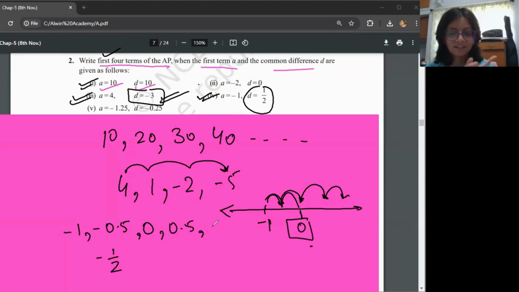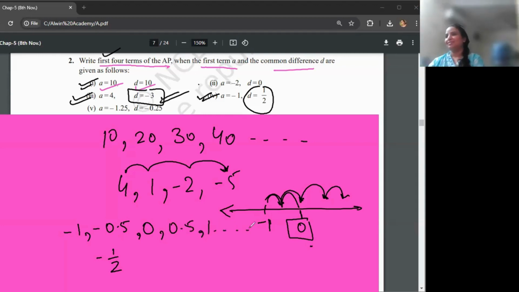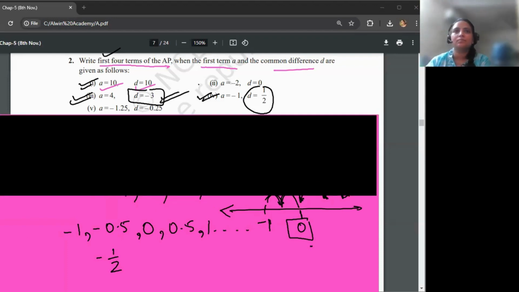and so on, 1. Right. Let's do this mathematically. How will we solve it mathematically? Everyone write. So I'll write a1 to be -1, that is the first term. For a2, I will write -1 plus half.